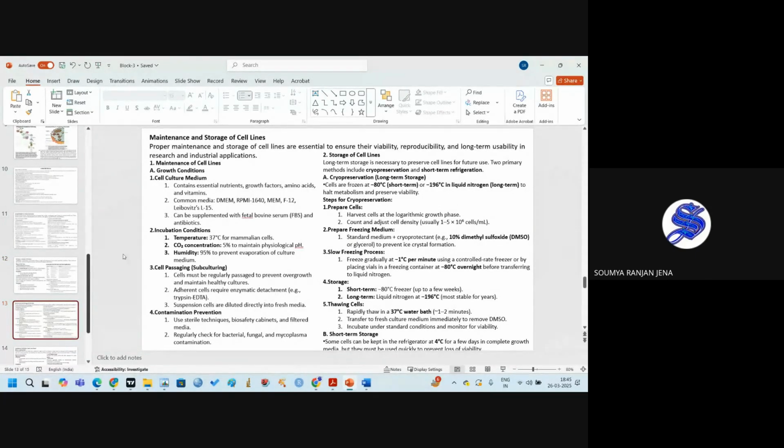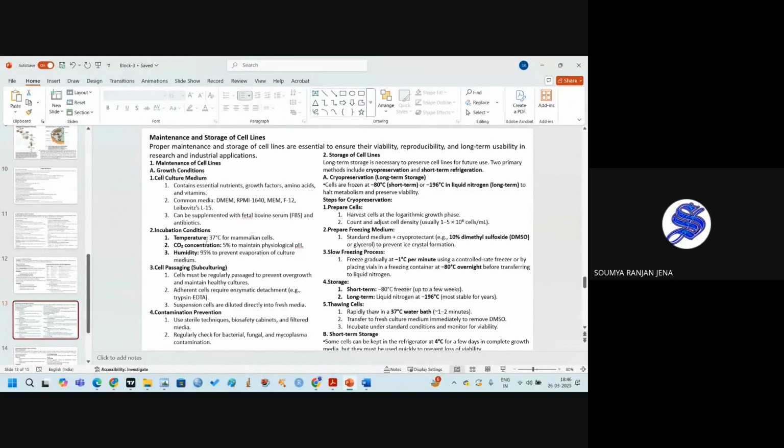So after the different cell lines, how do we maintain them? We maintain the different cell lines in growth medium, in cell culture medium, as we discussed, different cell culture media like DMEM and RPMI 1640, and we incubate the cell line in a CO2 incubator.